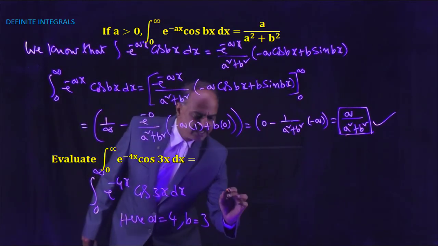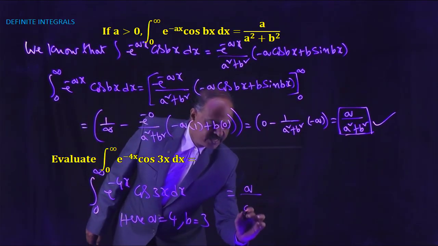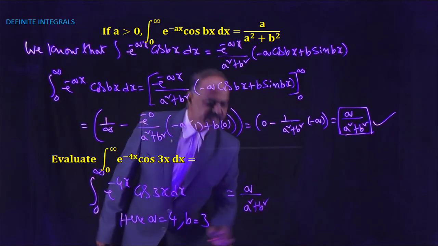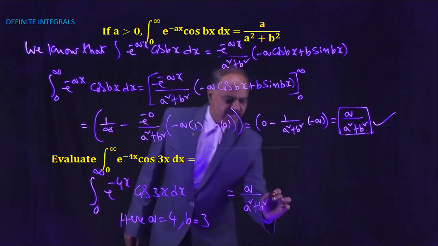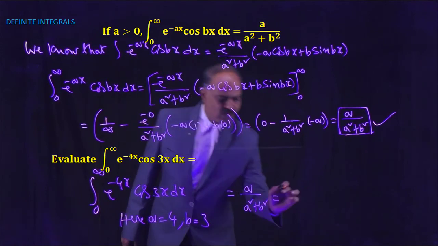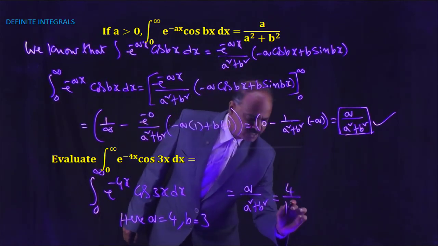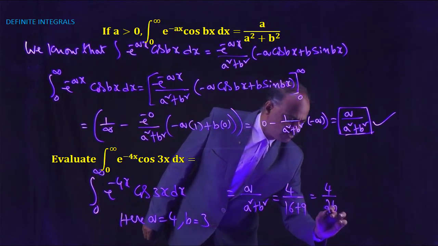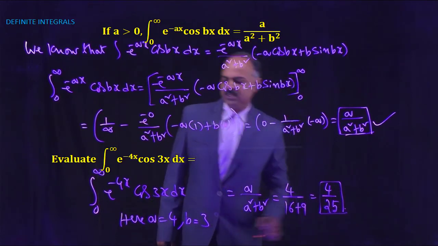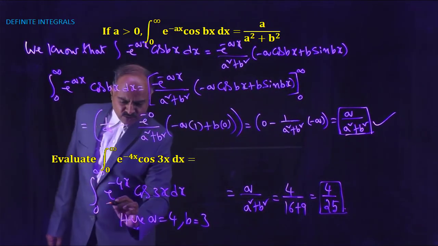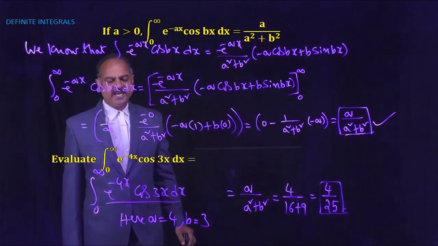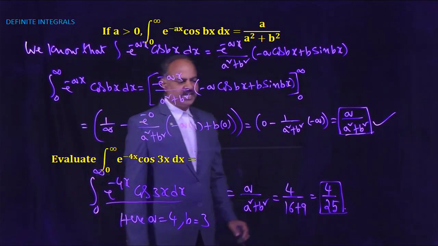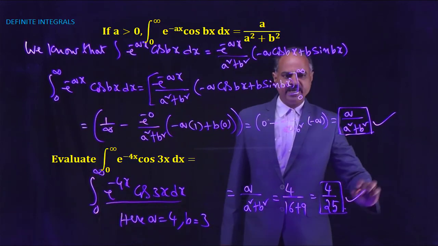So the formula is a by a square plus b square, which equals 4 by 16 plus 9. So that equals 4 by 25. Therefore, integral 0 to infinity e power minus 4x into cos 3x dx equals 4 by 25.